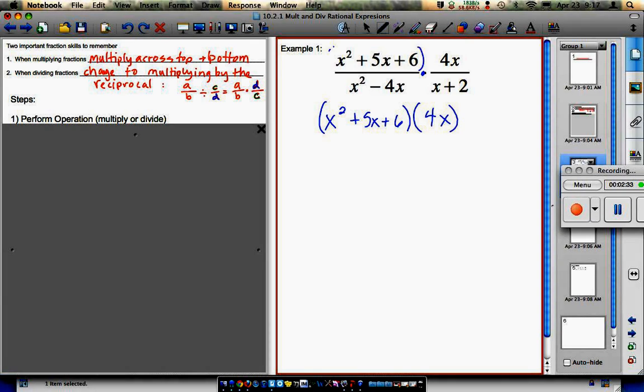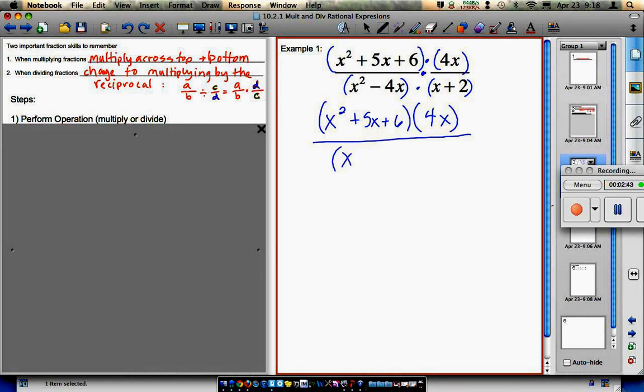Because multiplying means multiplying across the top. So these two tops are going to be multiplied. And again, the two bottoms are going to be multiplied, across the top and across the bottom. Okay?